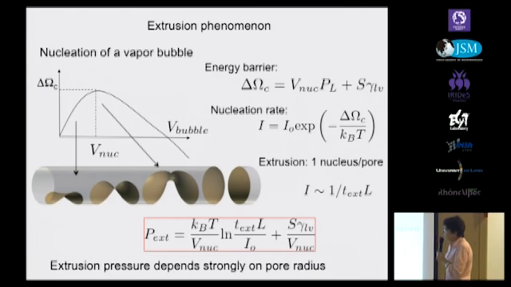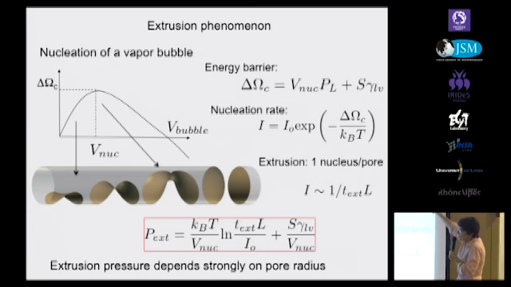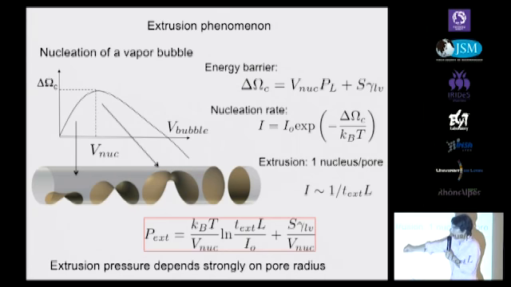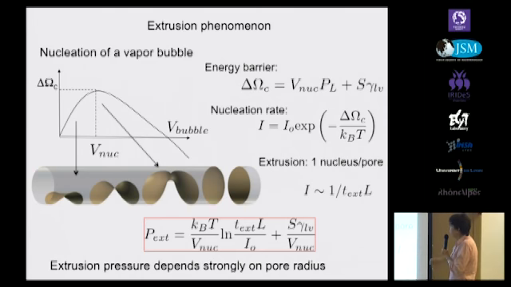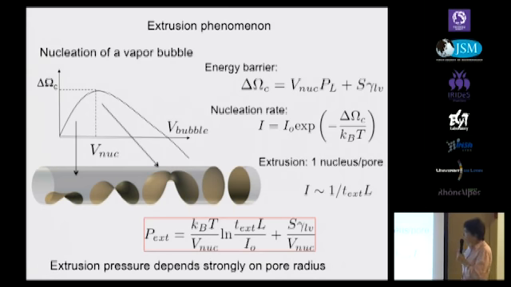And this energy can indeed be calculated and expressed analytically as a function of the pore radius and the pore hydrophobicity. So in a nucleation picture, this extra energy is provided by the thermal fluctuations, so that the nucleation rate is determined by a Boltzmann factor.